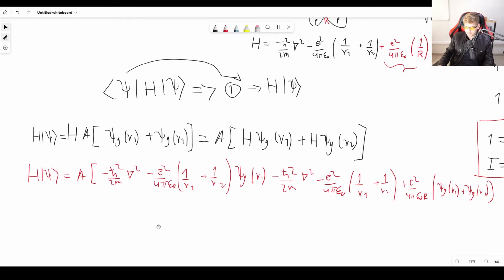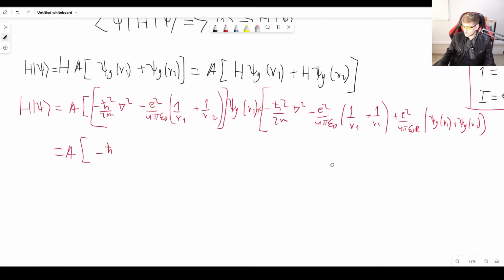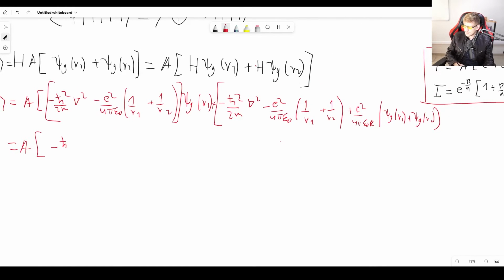Okay, now notice what we have here. So I'm gonna use the first one as example, and the second one we will do the exact same thing. So we have minus, by the way, there we go, psi g of r2, sorry.